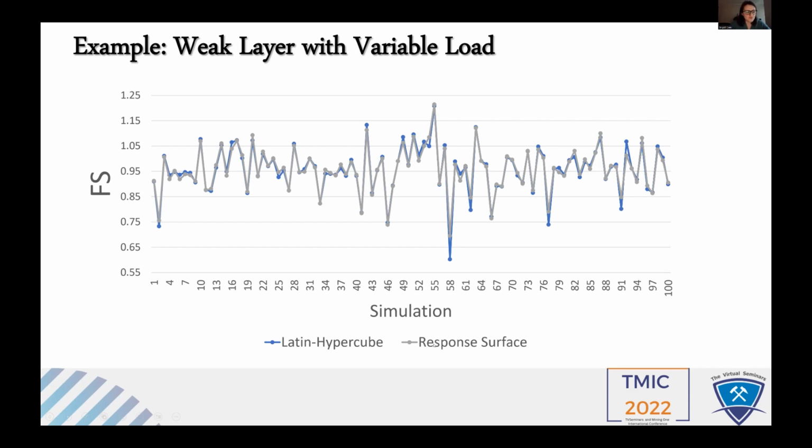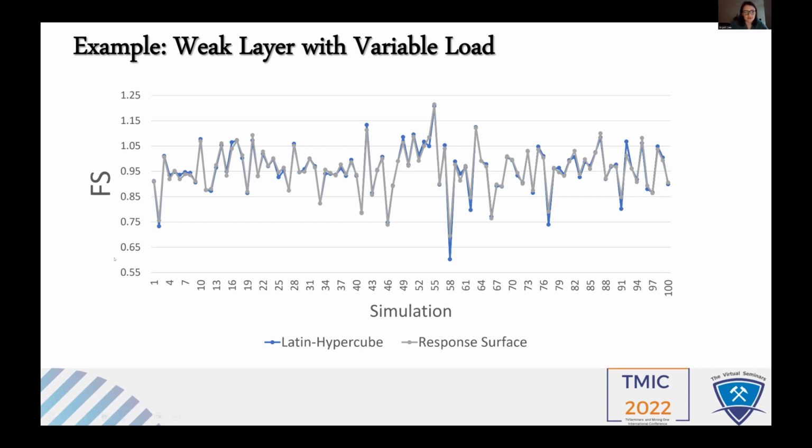So what response surface does is, instead of computing all 1,000 simulations, say, it computes a small number of representative samples. So like 20 or 30, depending on the number of random variables. And it uses that to train a function which can predict the factor of safety.